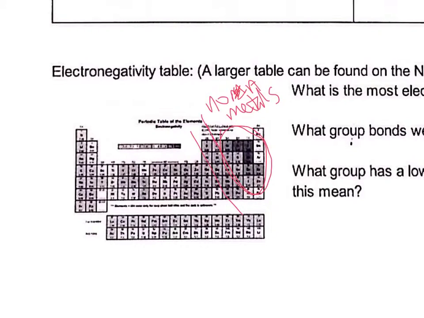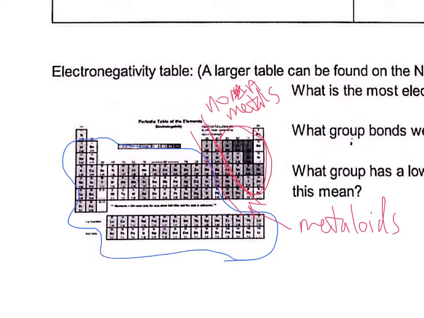The ones in between tend to be metalloids, elements that have properties of metals and nonmetals. And everything else tends to be a metal. So the majority of elements in our universe are metals.